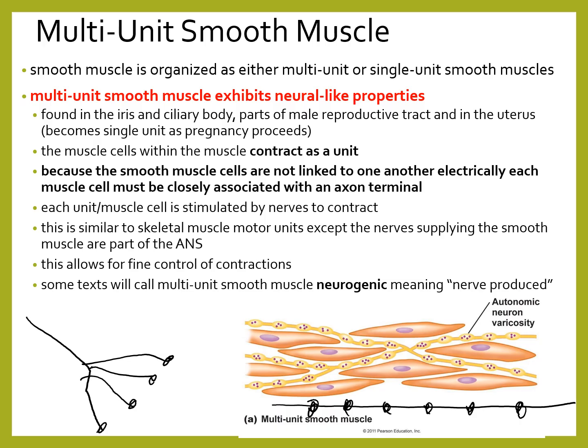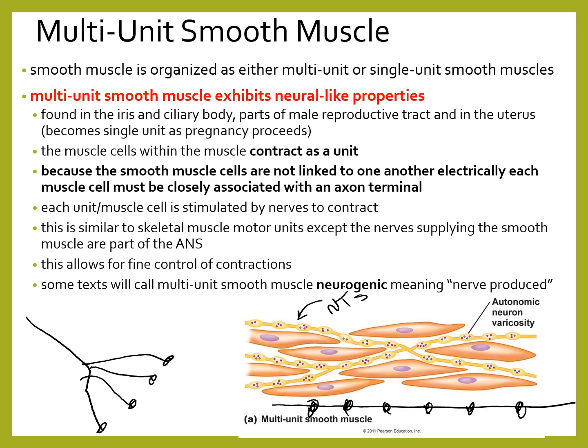And again, remember, each of these little beads is a site for the storage of a neurotransmitter. So when you stimulate these neurons and they release their neurotransmitters, the neurotransmitters can then bind and stimulate the contraction of the smooth muscle.